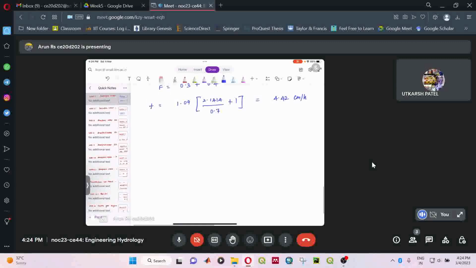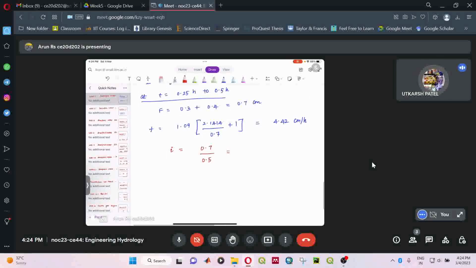Now we'll calculate the rainfall intensity again. Your rainfall intensity is equal to 0.7 by 0.5. Sir, is the difference 0.25, or do we take the difference from 0 to 0.5? This is 0.25 only.